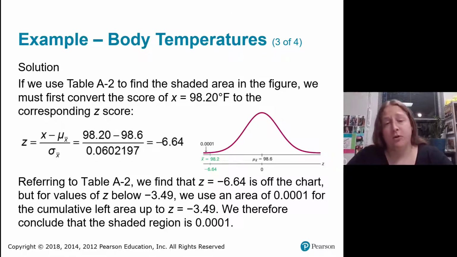All right. So if we look on the chart, negative 6.64 is off the chart, but the value for negative 3.49 is 0.0001. So the cumulative left area of z equals negative 3.49 is 0.0001. So ours has got to be that or less.